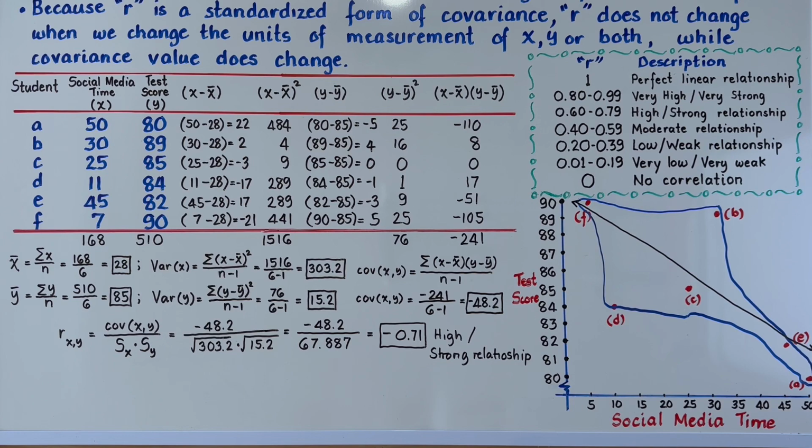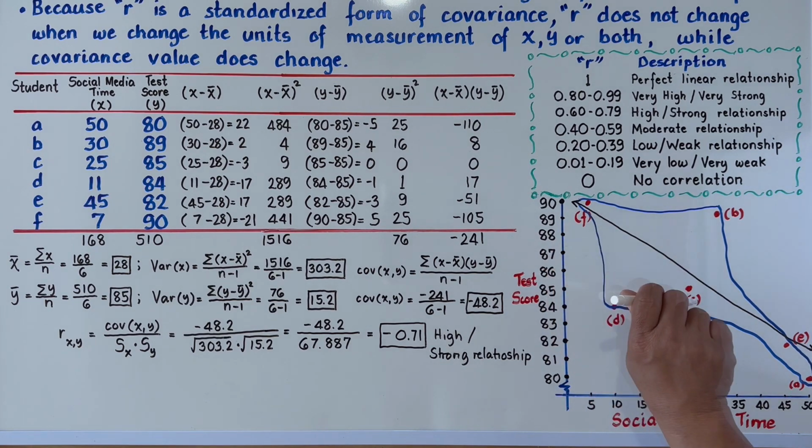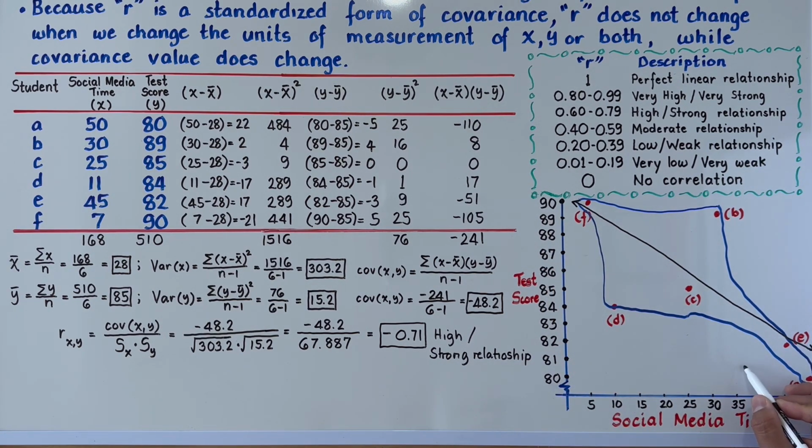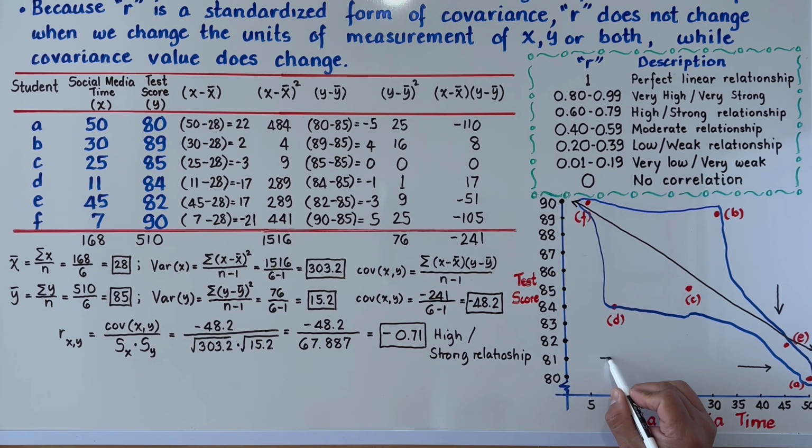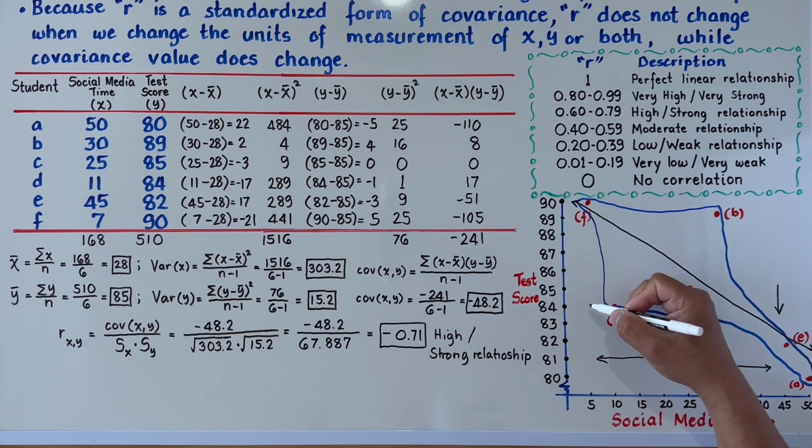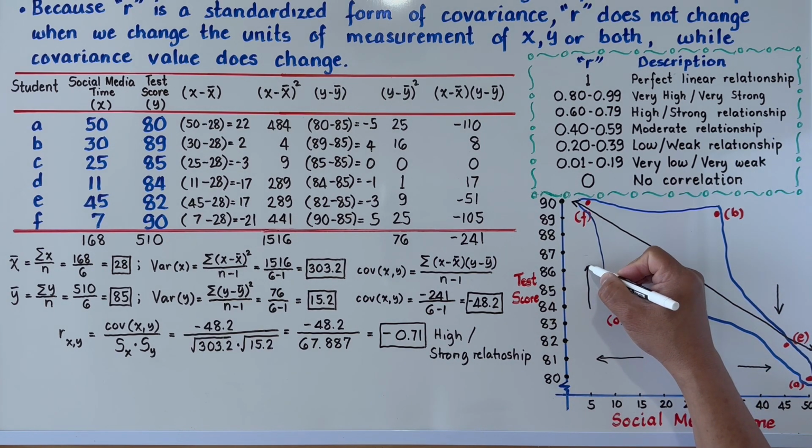And you can observe that the line is sloping downward, which means that as you increase the value of X, the social media time, the scores are decreasing. And as you decrease the social media time, the test score of the students are increasing.